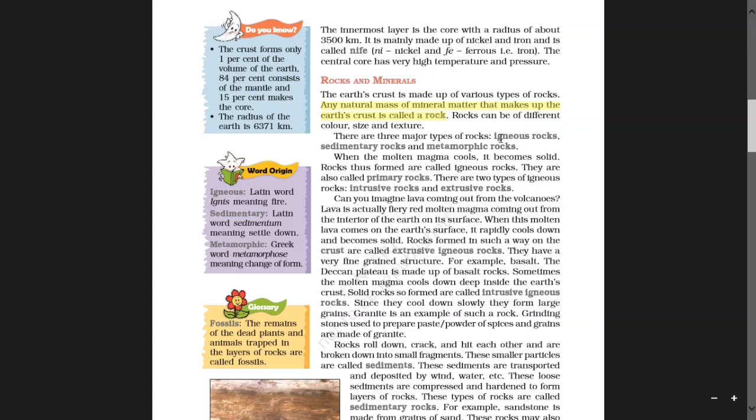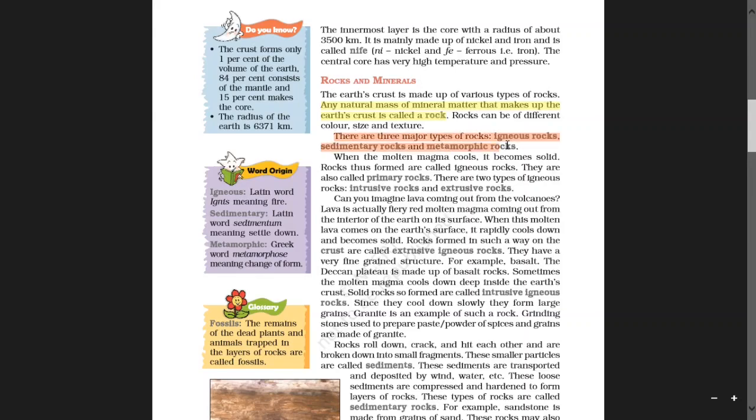Rocks can be of different color, different sizes and different texture. There are three major types of rocks. Just tick mark this one also.